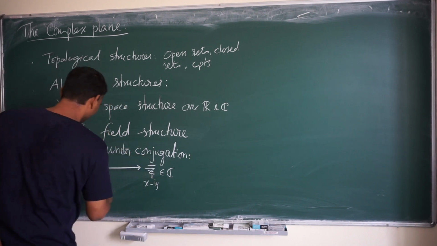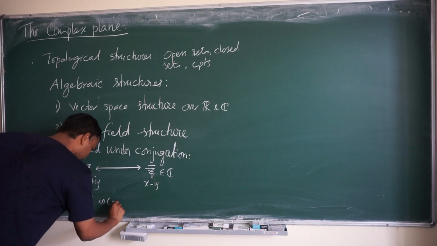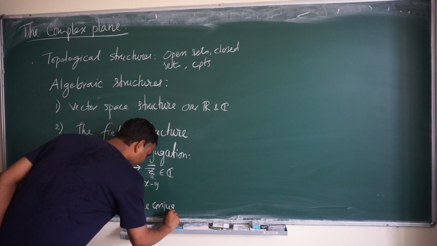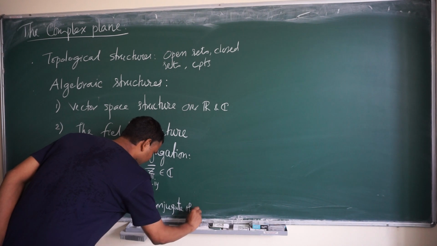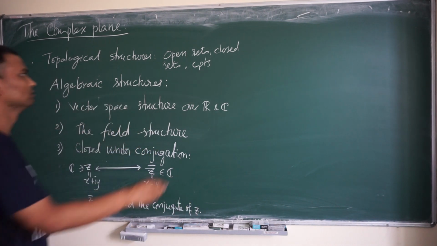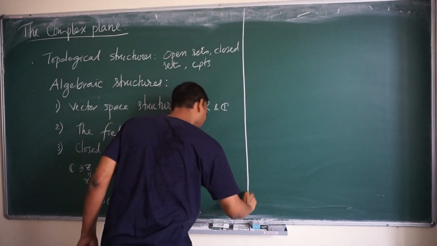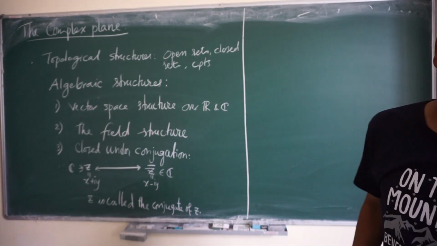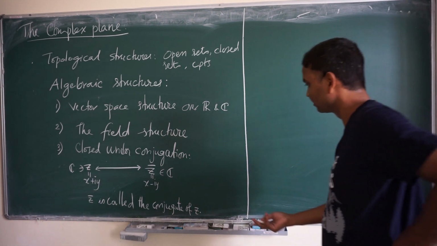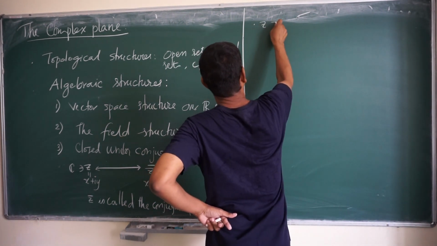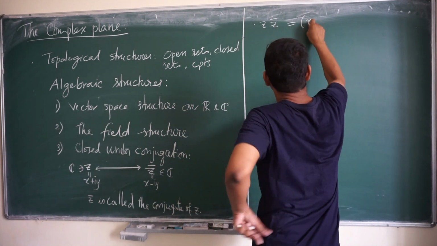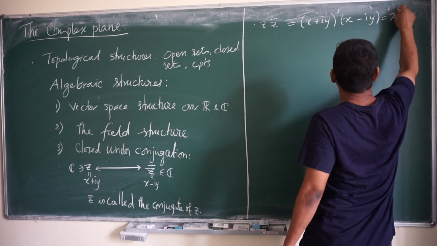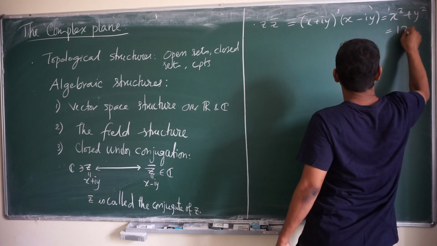That's what conjugation means. So z bar is called the conjugate of z. The complex plane is closed under conjugation, and it has some properties. If you multiply z and z bar, which is x plus iy and x minus iy, you get x square plus y square, which is nothing but mod z square.